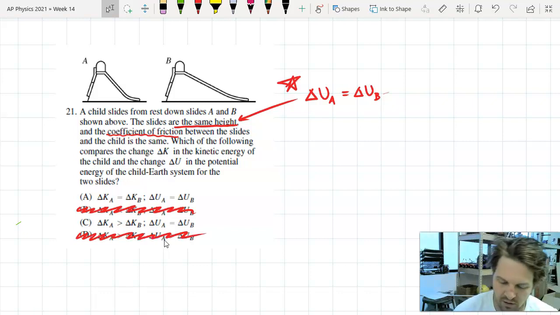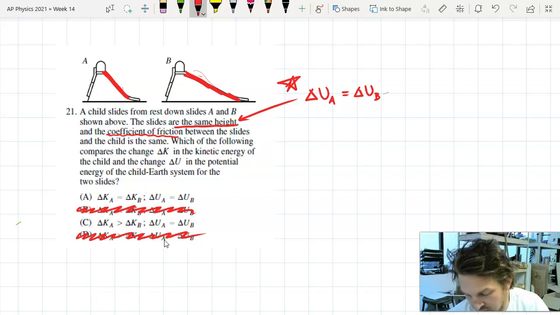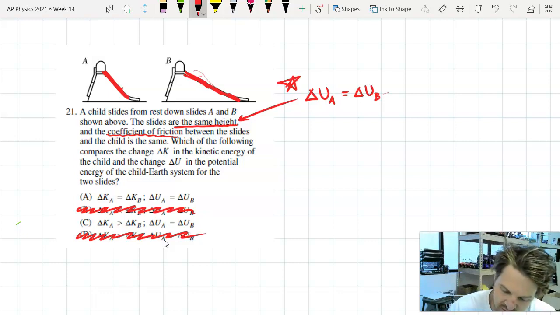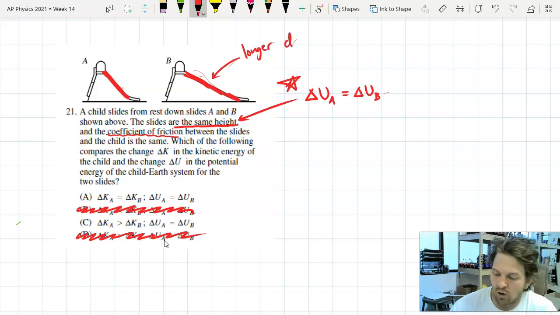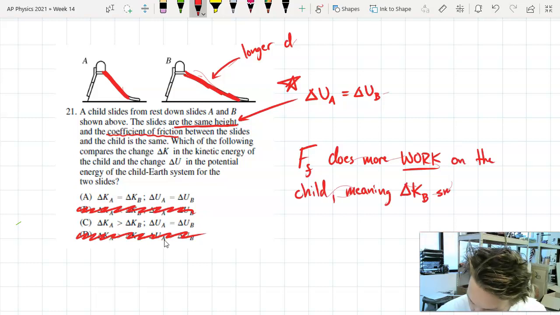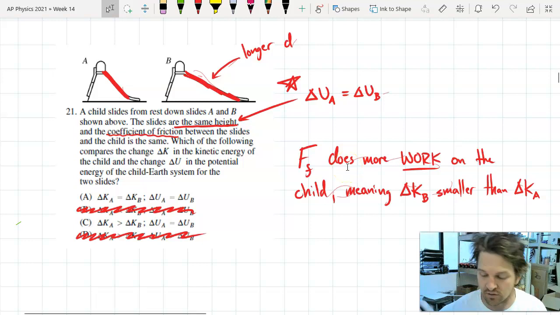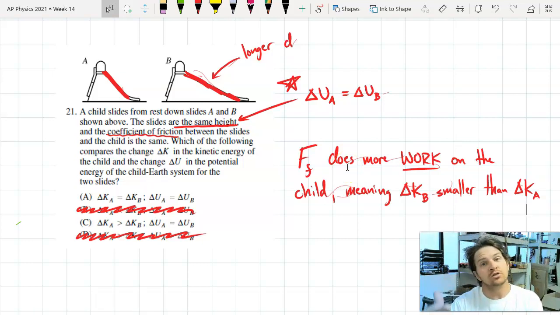And when I look at these, A has a shorter distance than B. And so when we're thinking about kinetic energies, because B is a longer distance, the force of friction does more work on the child, because more work means that friction took away more energy.